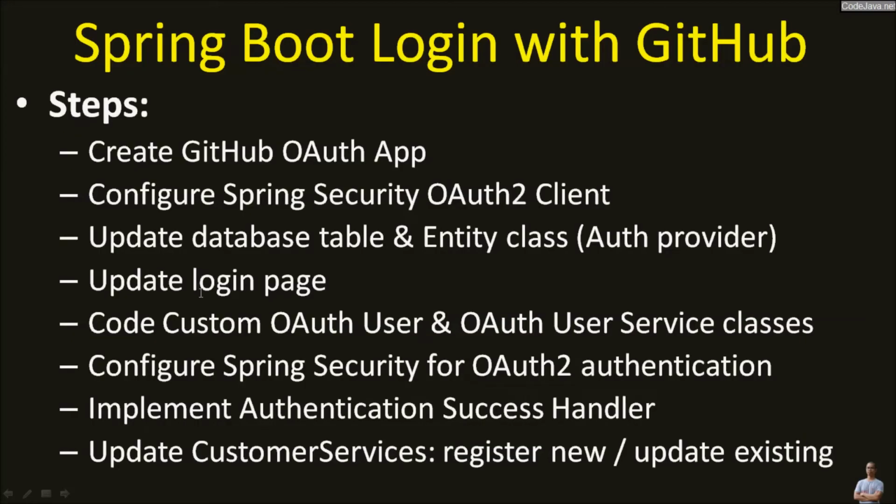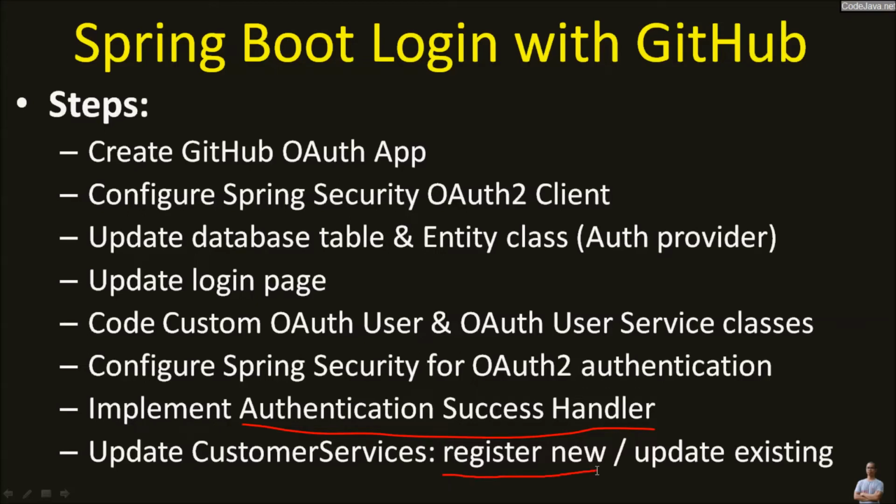And finally, I will show you how to implement an authentication success handler to intercept the Spring Security filter chain to execute the logic to check if the user is new.